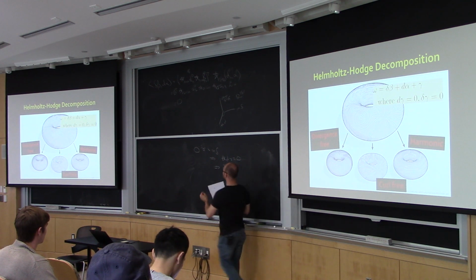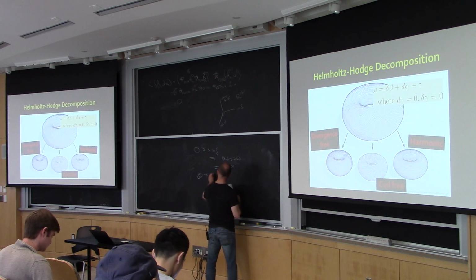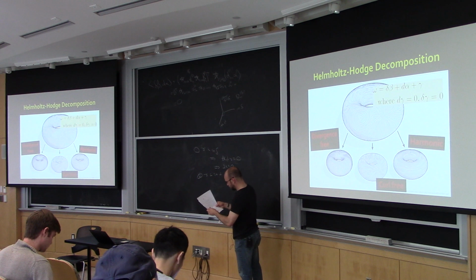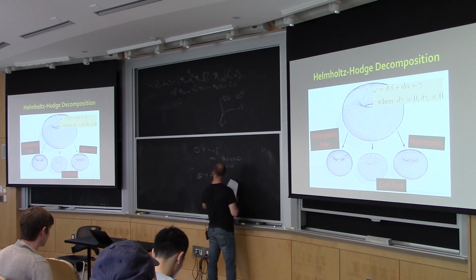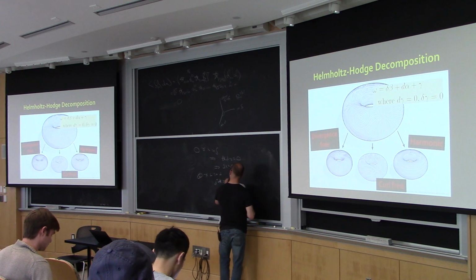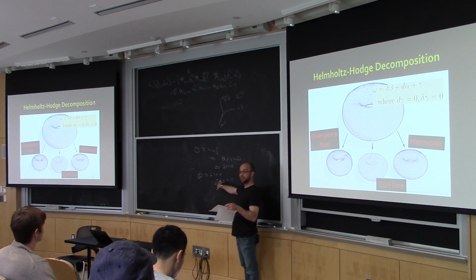Similarly, gamma is also orthogonal to the image of D. You have to be careful. Remember that means that D transpose star gamma equals 0, because that's what it means to be orthogonal. You always have to take dot products with respect to this star operator.